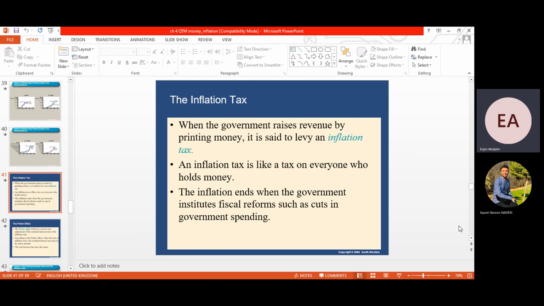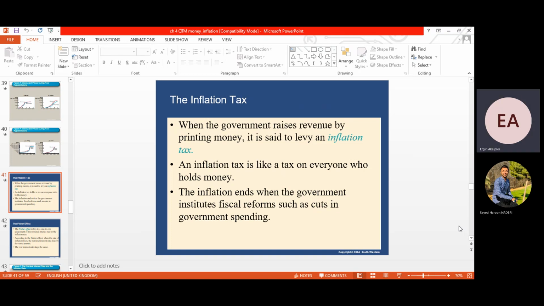The inflation tax: when the government raises revenue by printing money, it is said to levy an inflation tax. It is similarly realized when the government prints money; it is exactly the same as taxing your currency, taxing your income.